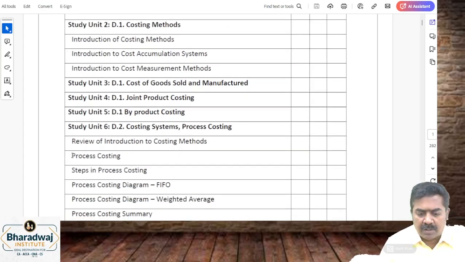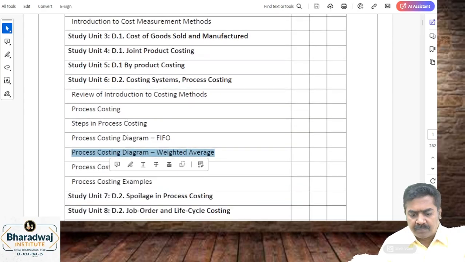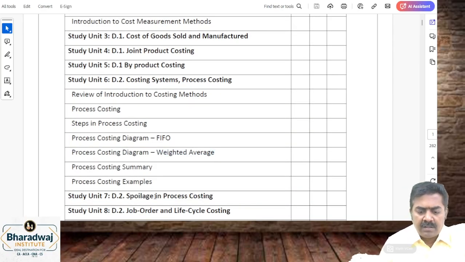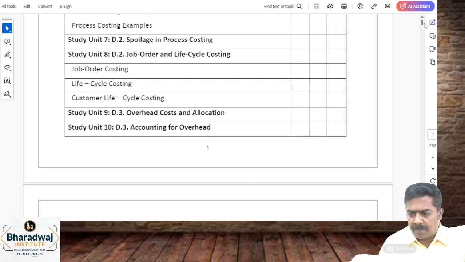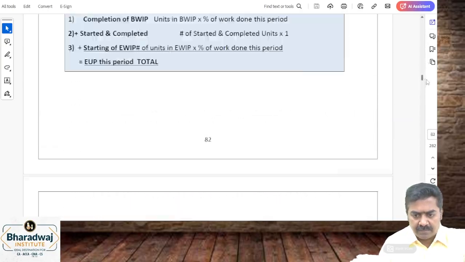We have done which one in this class? Process costing using FIFO method and weighted average method. Spoilage is also we had seen. Spoilage is nothing but normal loss, abnormal loss. You can go through your material later on.